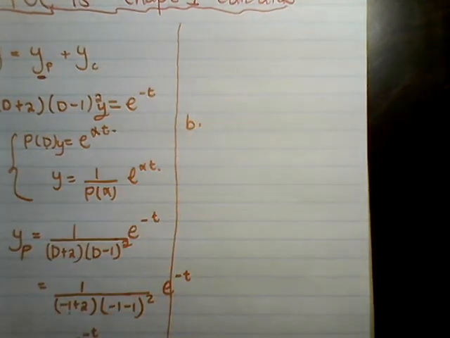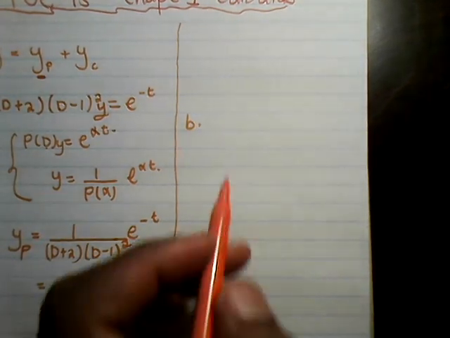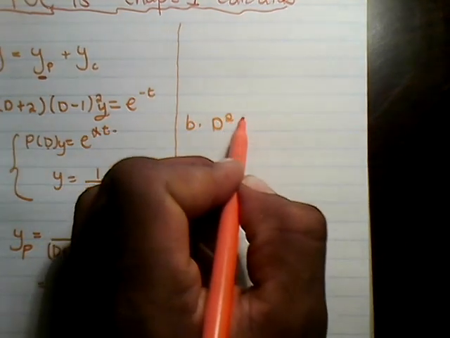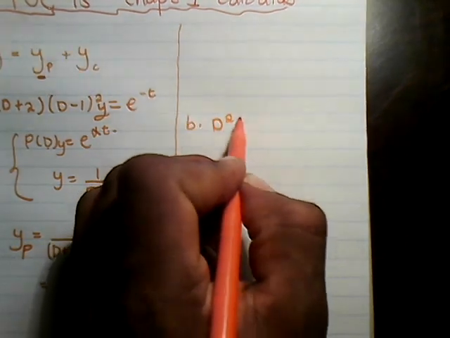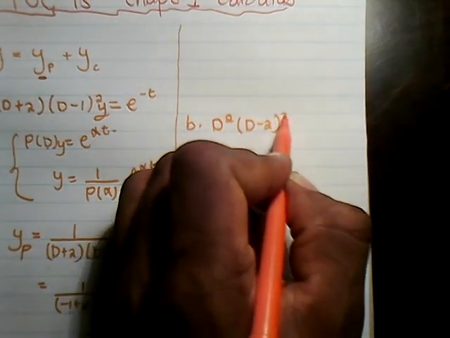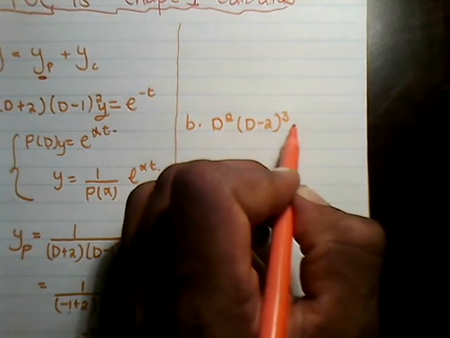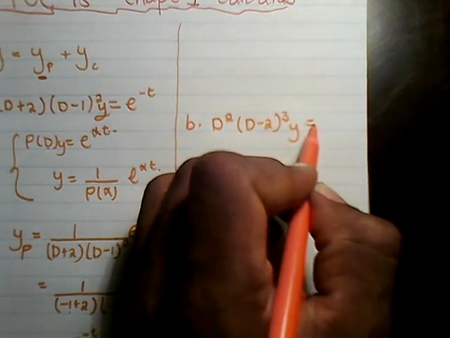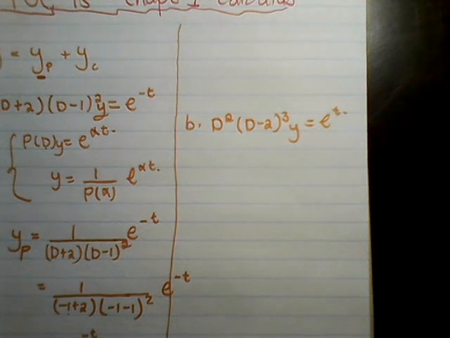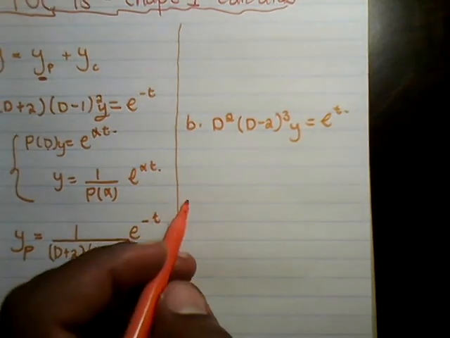B goes by D squared multiplied by D minus 2 cubed, y equals e to the power of t. Seems like it's working.